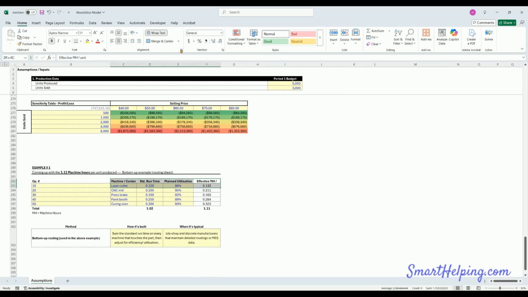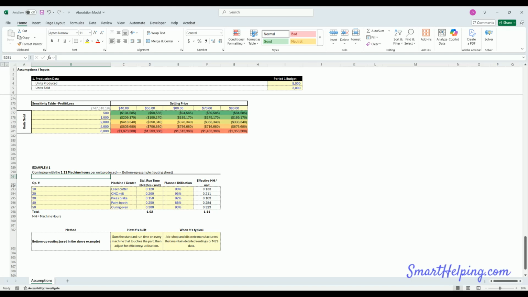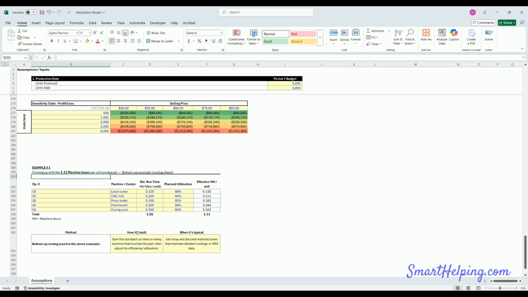Let's make those wrap text so you can see. And I got some explanations here, but we're now saying for every single machine hour, it's 1.11 machine hours for a single unit based on this.